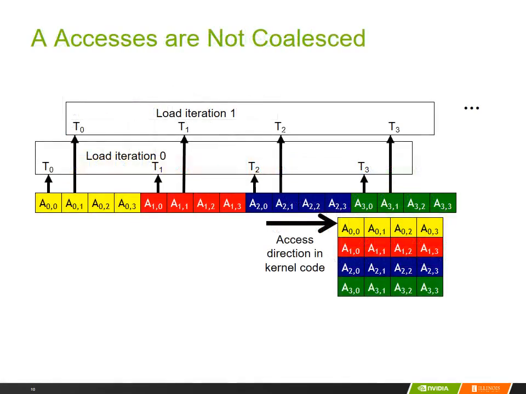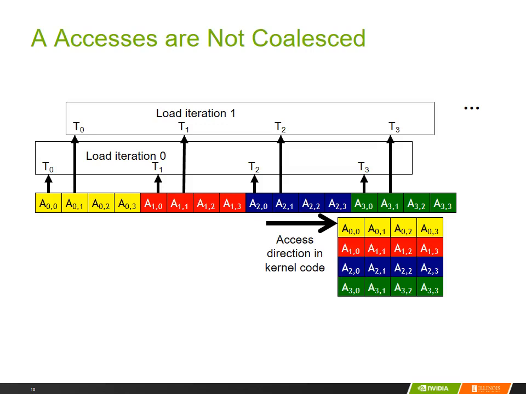This slide shows why the accesses to the A matrix are not coalesced. Remember that neighboring threads in a warp will be accessing neighboring rows of matrix A. So during the first iteration, thread 0 will access A00, and thread 1 will access A10, essentially the first elements of rows in the A matrix.